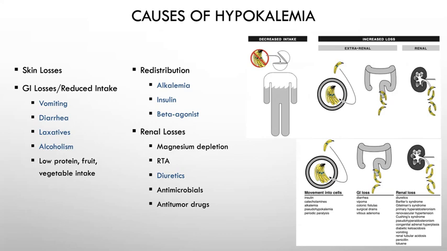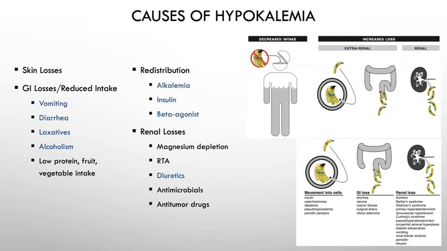Hypokalemia is mostly due to the movement of potassium into the cell, loss of potassium through the GI tract, or loss by the kidneys through excretion of potassium into the urine. We already discussed intracellular potassium shifts stimulated by insulin, catecholamines, beta-2 receptor agonists, and alkalemia. This tends to be a more minor and temporary cause of hypokalemia.